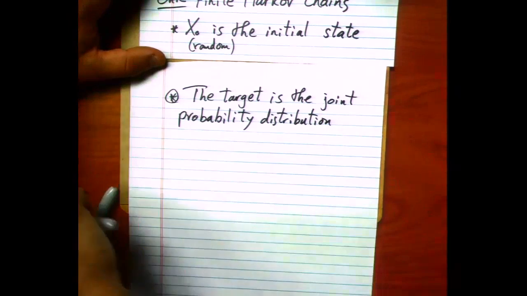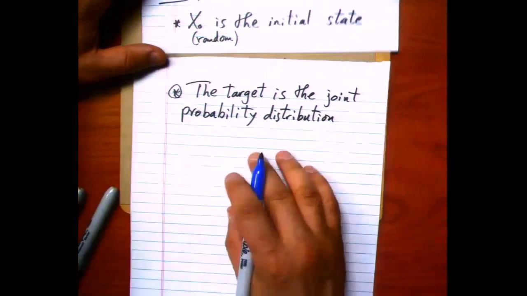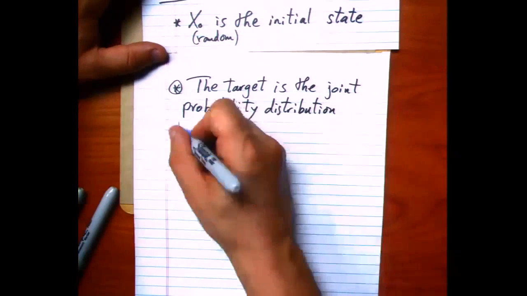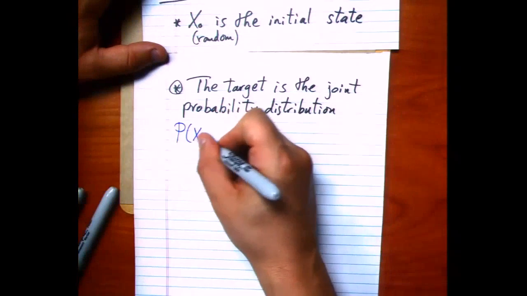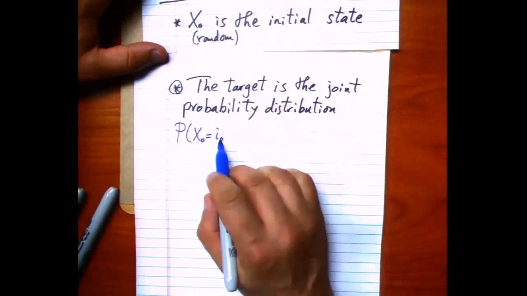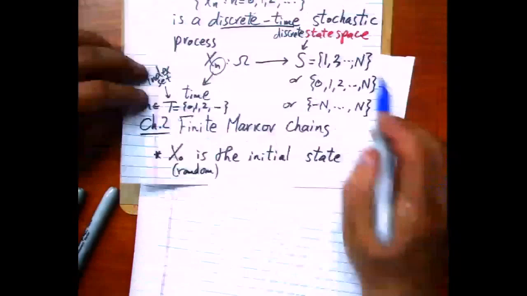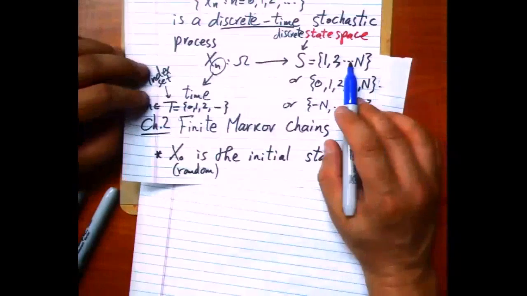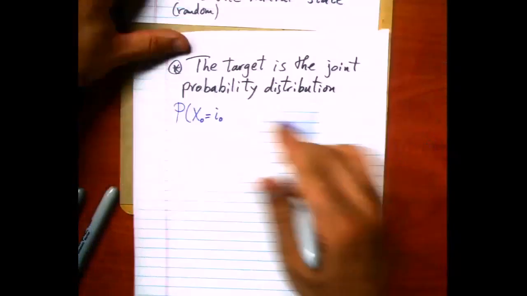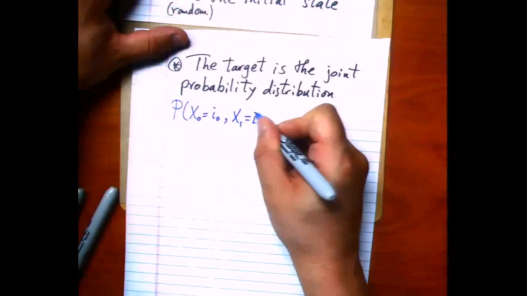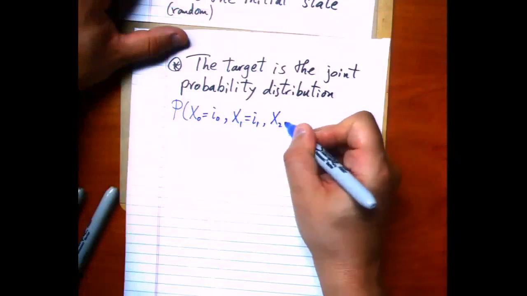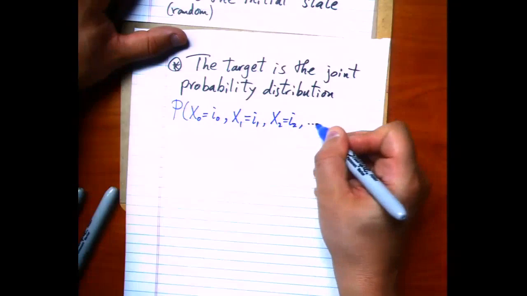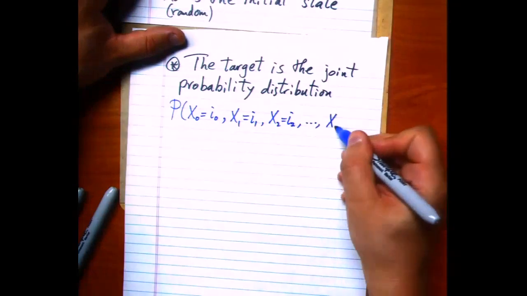The joint distribution of the process up to time n is given by the probability that X0 is i0, where i0 is any number inside the state space, comma, X1 is i1, comma, X2 is i2, comma, etc., up to the last one, Xn is equal to in.